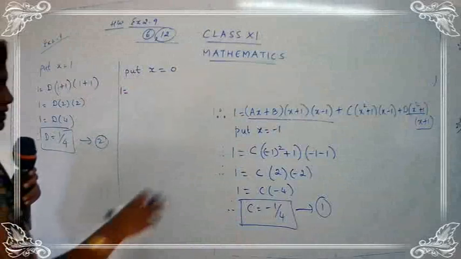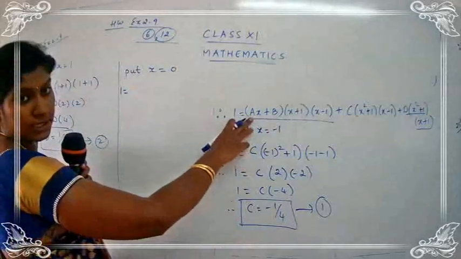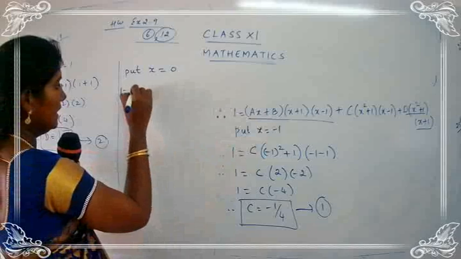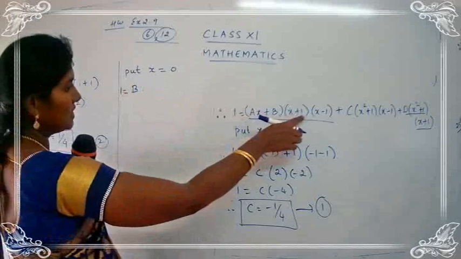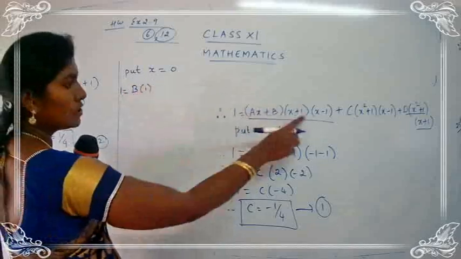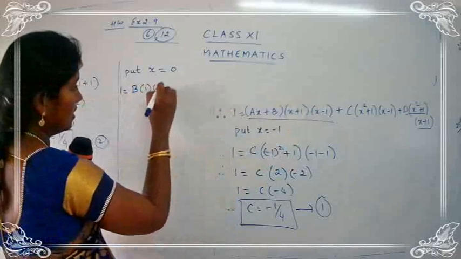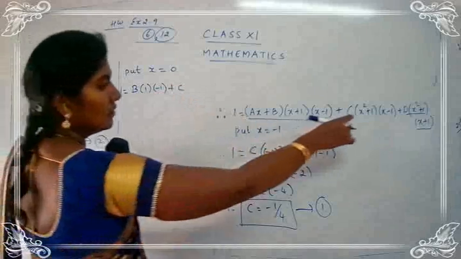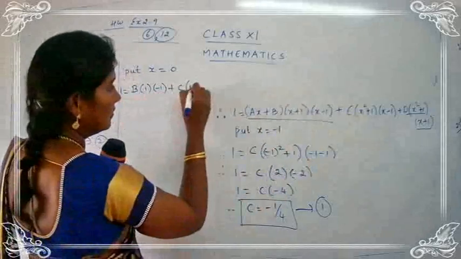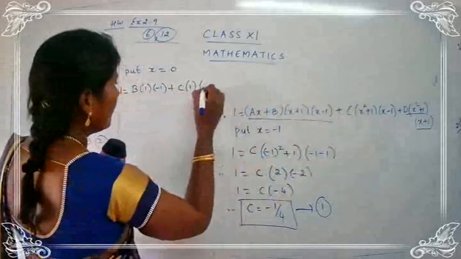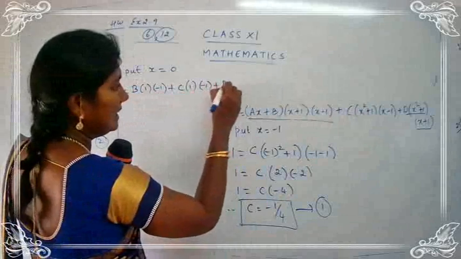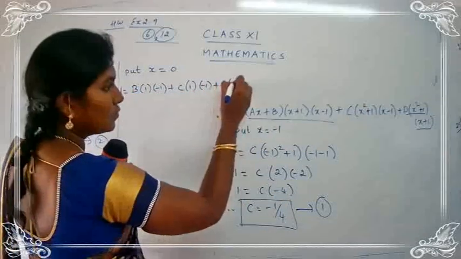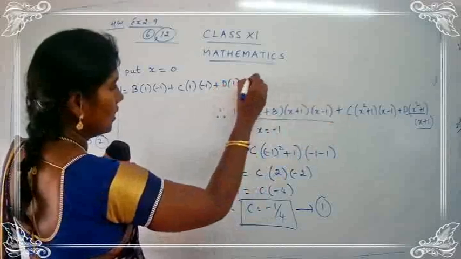One is equal to. Here when I put 0 here, a gets vanished. Yes children? So what is left here? B is left. 0 plus 1, 1. 0 minus 1, minus 1. Plus C. 0 plus 1, 1. 0 minus 1, minus 1. Plus D. 0 plus 1, 1. 0 plus 1, 1.